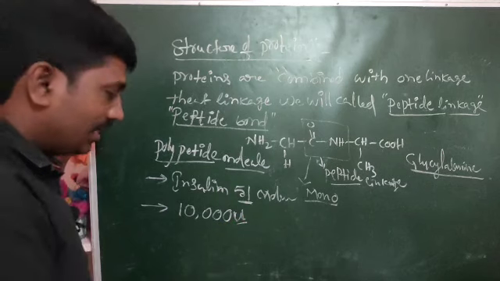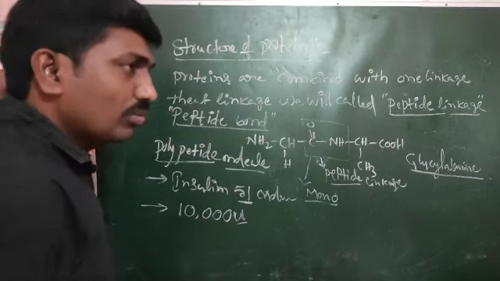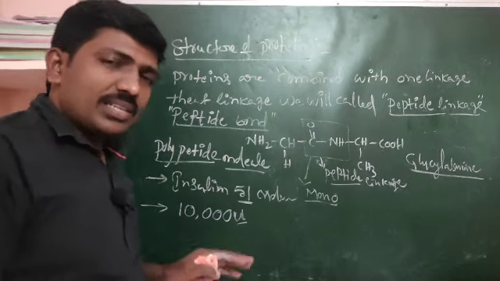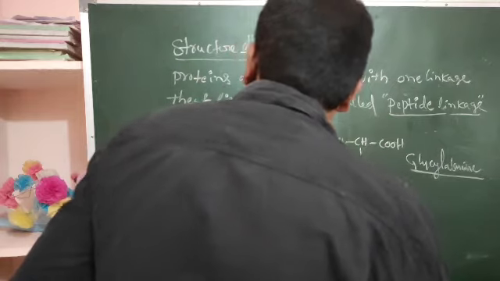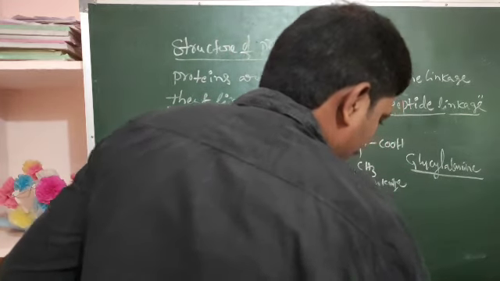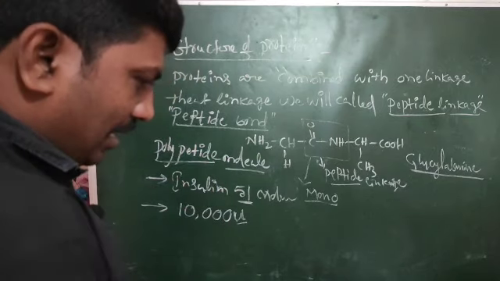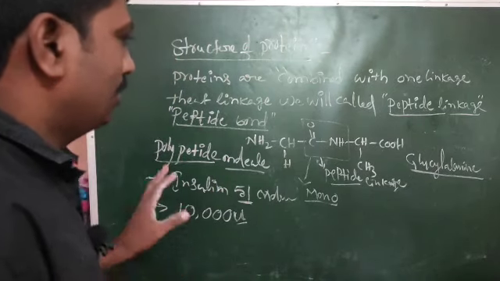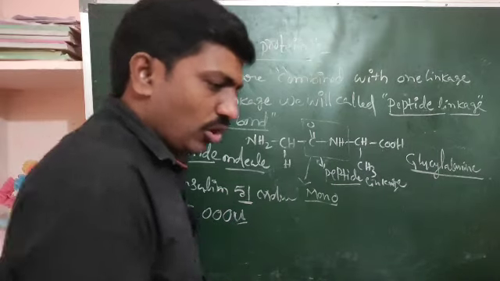Only then do we call it a polypeptide molecule. Insulin is the best example of a polypeptide. So this is about peptide linkage between two molecules.